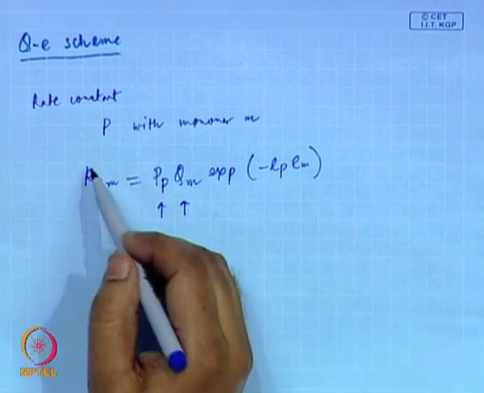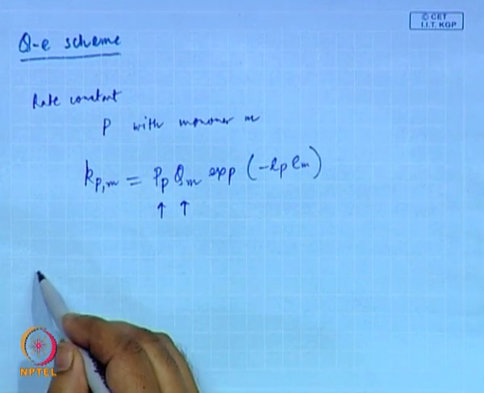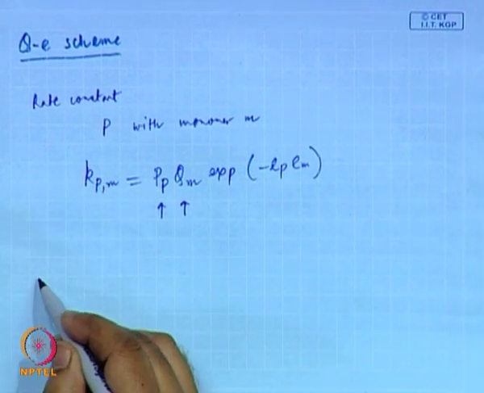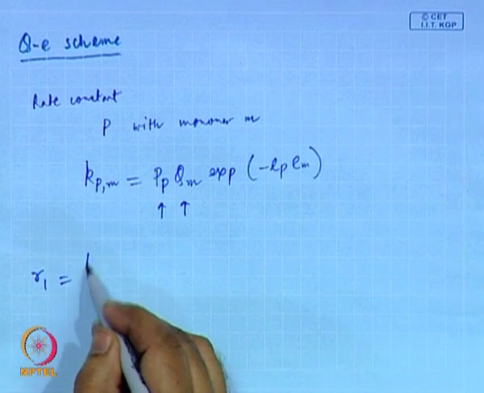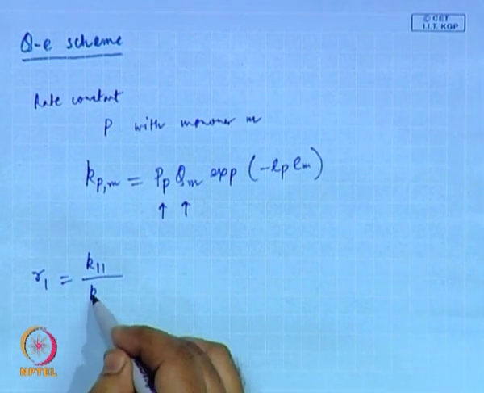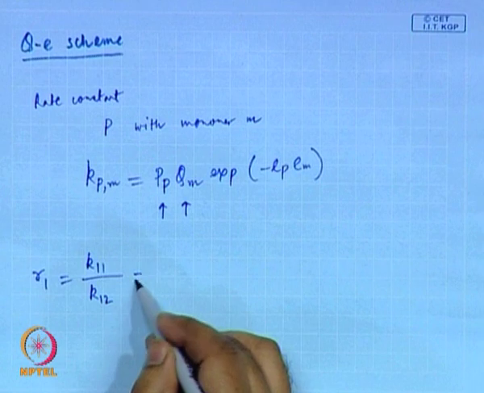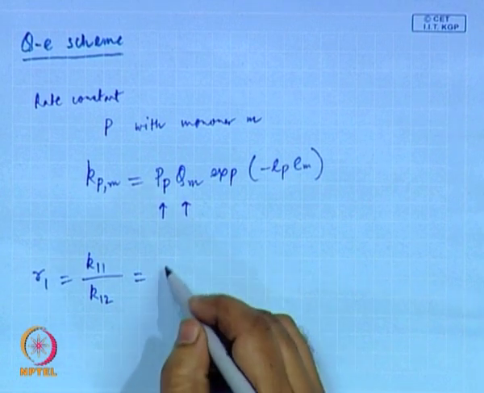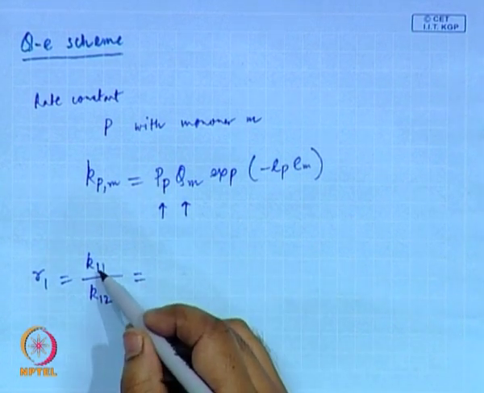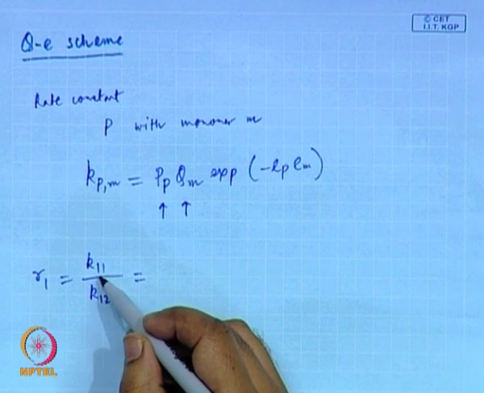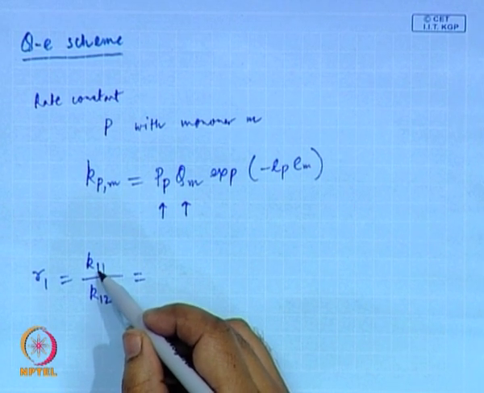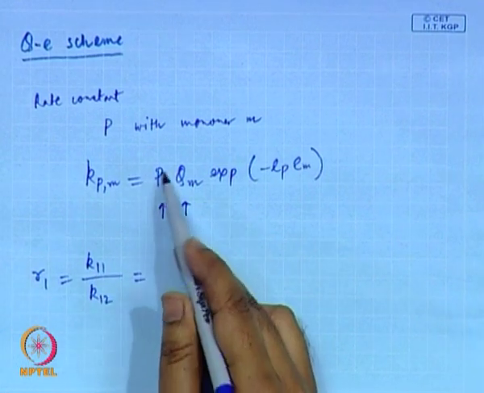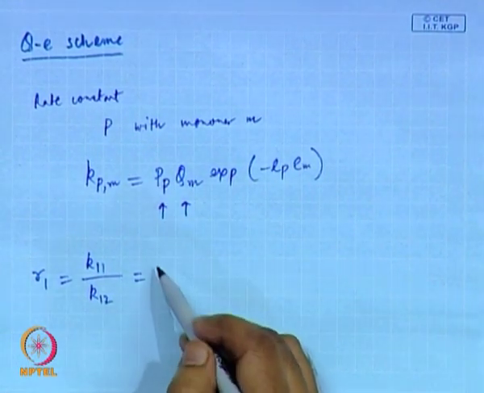So, if I write from this the expression for r1, which is given by k11 by k12, in both cases the polymer radical at the end is the same, so this will get cancelled.